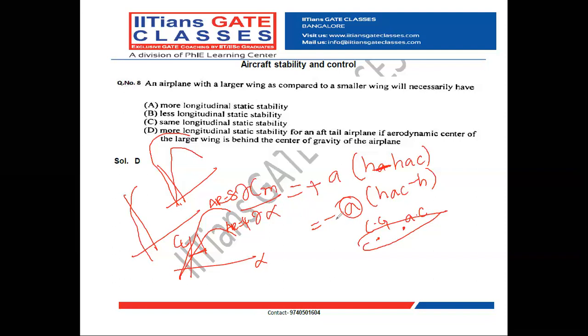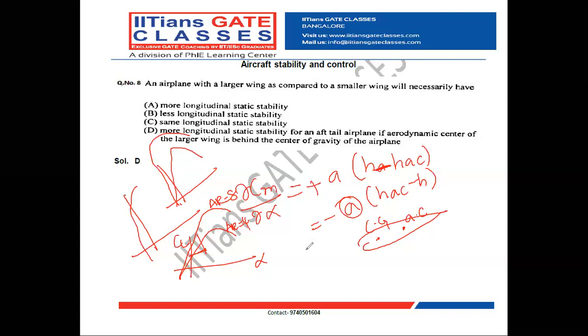So option D can be correct, because a larger wing will have a larger lift curve slope and hence more longitudinal stability compared to a smaller wing, if the aerodynamic center of the larger wing is behind the CG of the airplane.